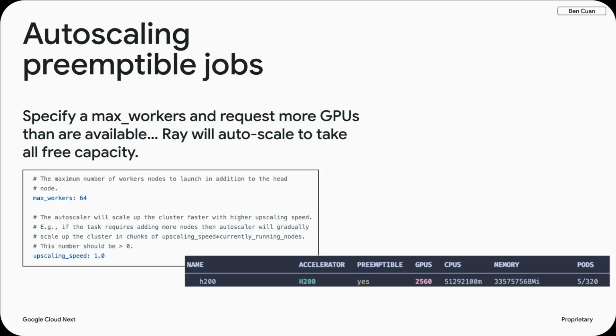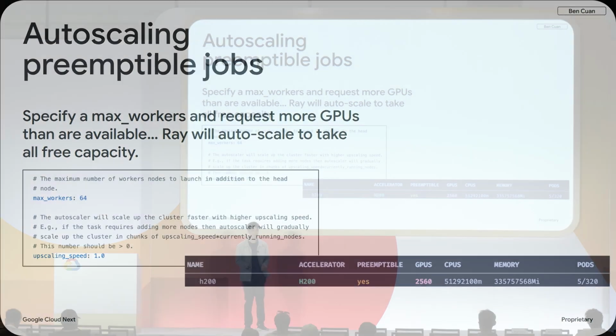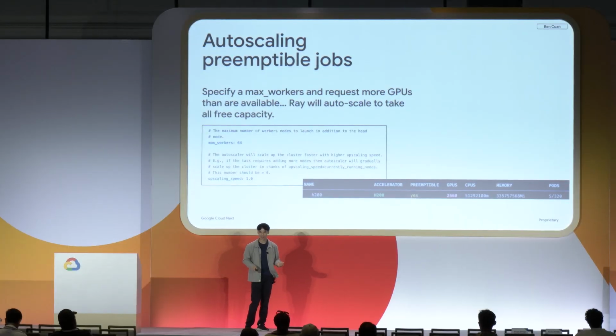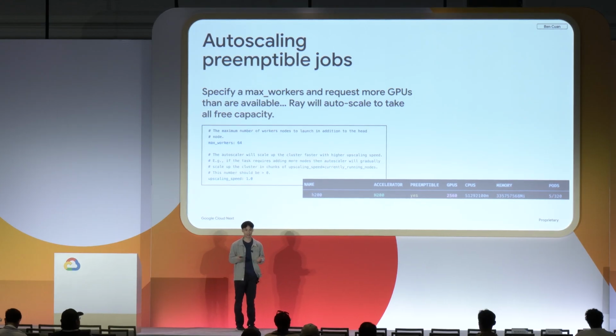So what we do is we have a really big, large max worker scaled preemptible job. And in this example, we're asking for 2,560 GPUs. Well, we only have 5 pods, so 40 GPUs available, and that's great because a big training run is happening.